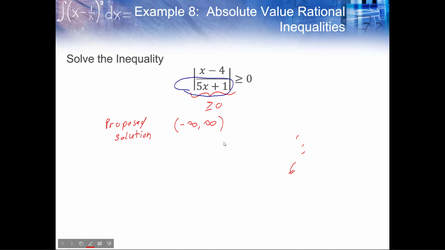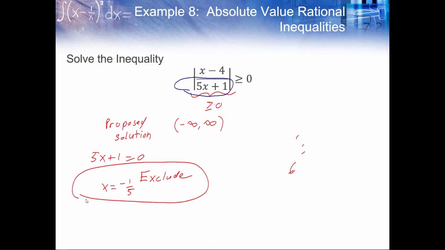So we need to find that value of x which causes 5x plus 1 to be equal to 0. And what value is that? That will be x is equal to negative 1/5. So we need to exclude this particular point.